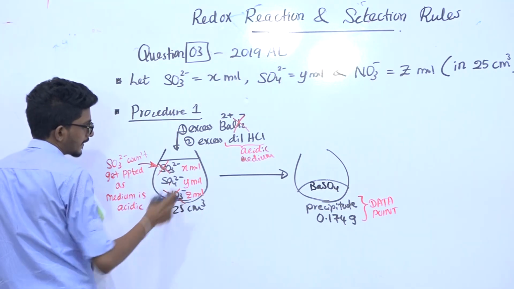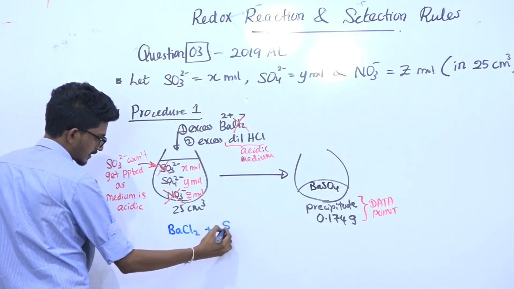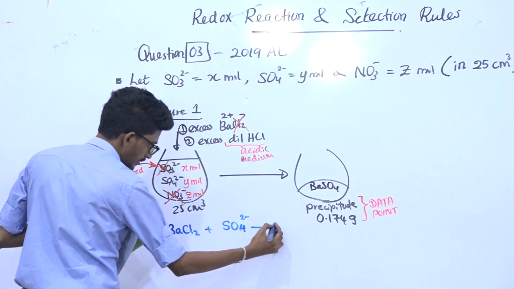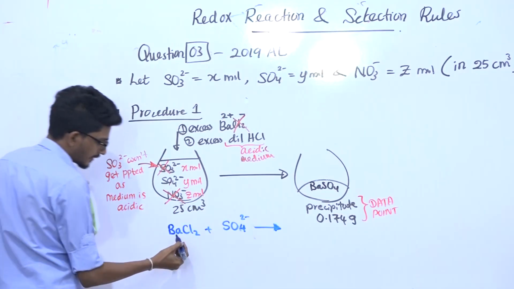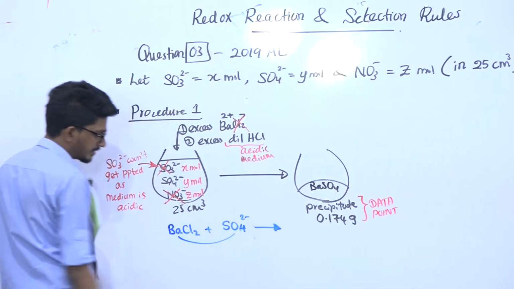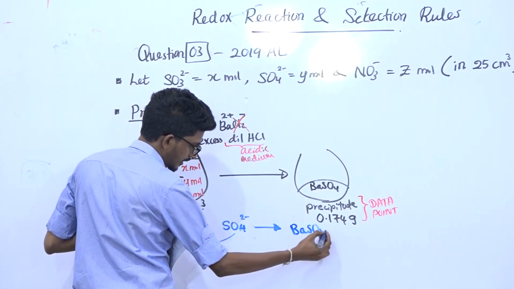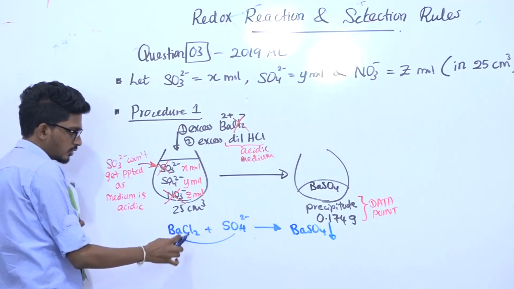So barium chloride reacts with sulfate ions. The cation of this one combines with the anion of the other. So barium sulfate, this is the precipitate, and you have 2 Cl minus ions here.